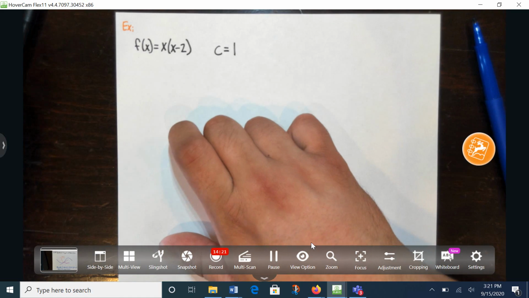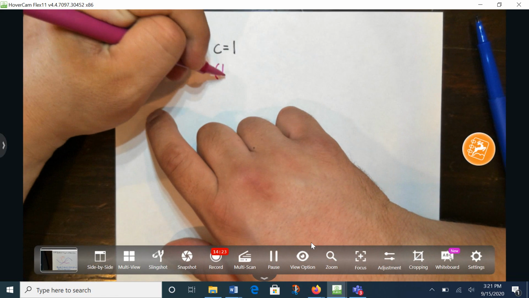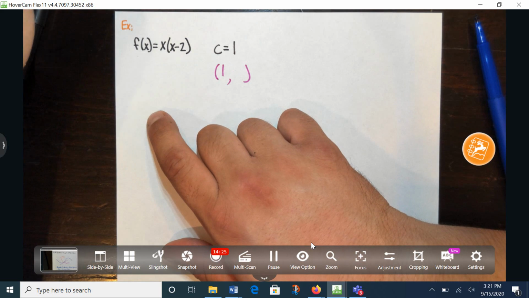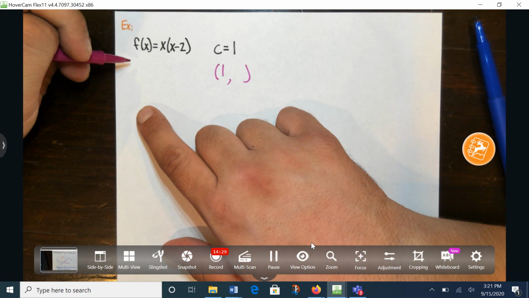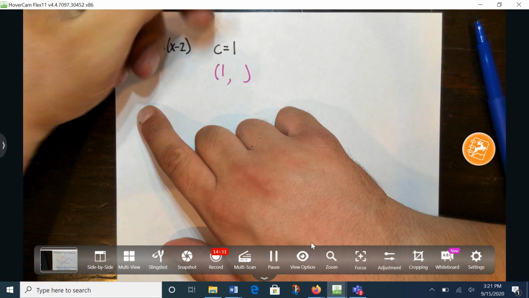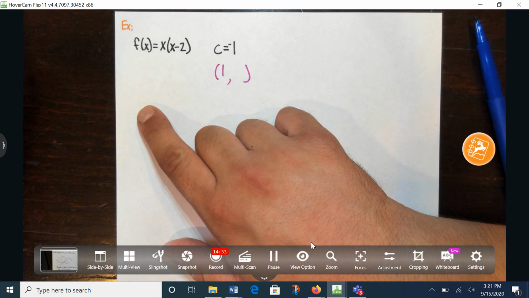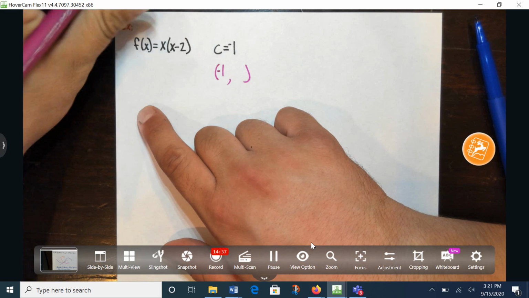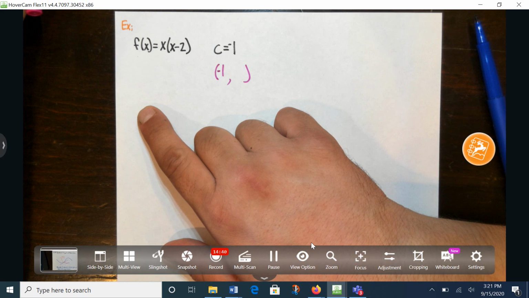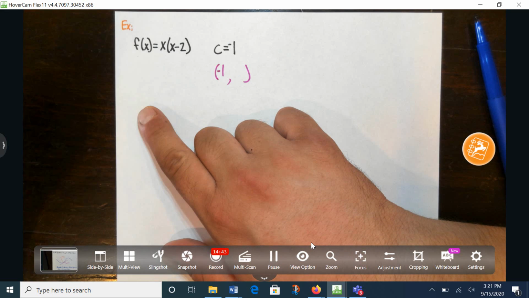Okay, so first we need to find our reference point. So it's going to be 1 comma something. And it's going to be, let's see, let's do negative 1. I think we'll get the same slope though. Okay, so first let's find the y value.